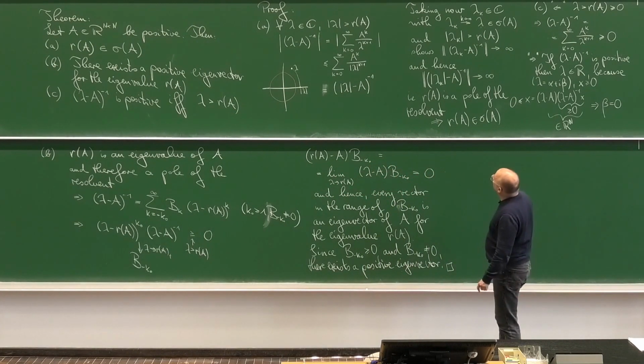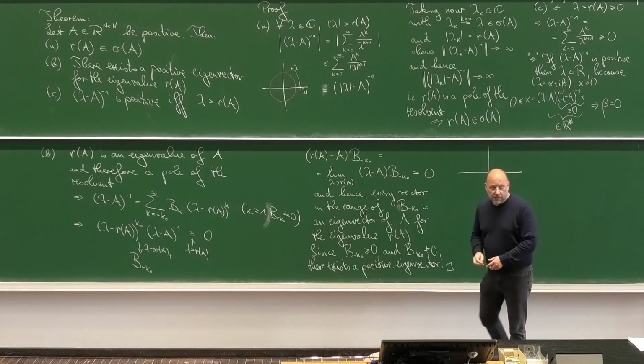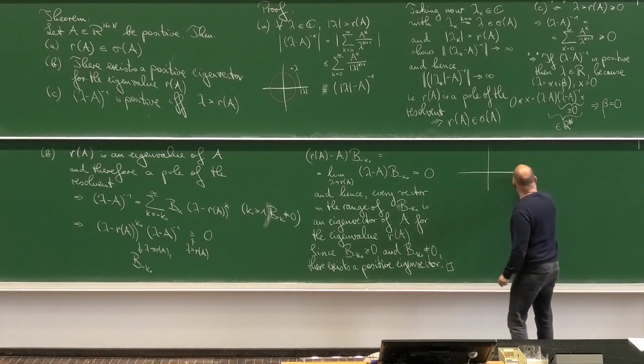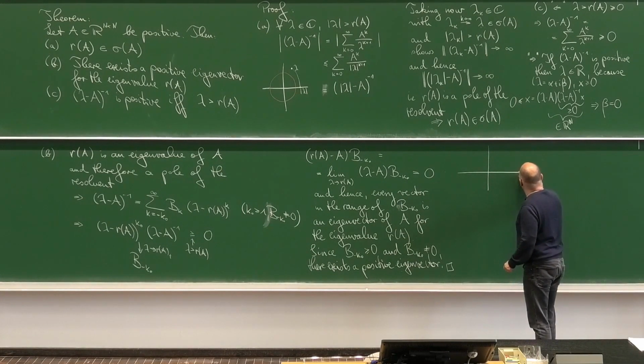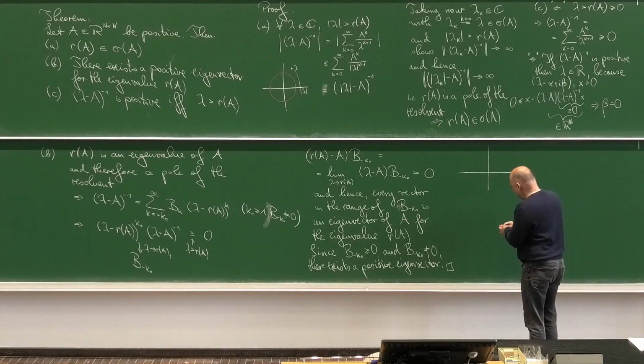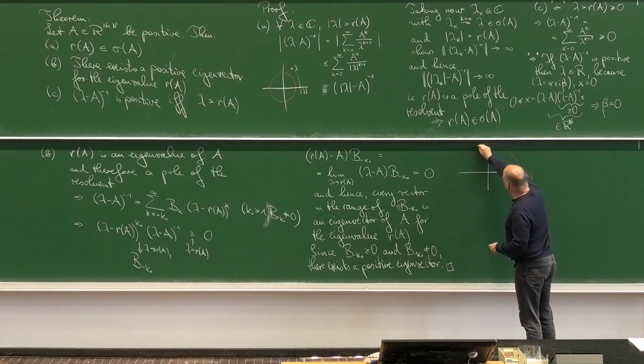Okay, so the spectrum is of the following type. The spectral radius here is always an eigenvalue of the matrix, of the positive matrix. I have here the spectral circle of this radius.